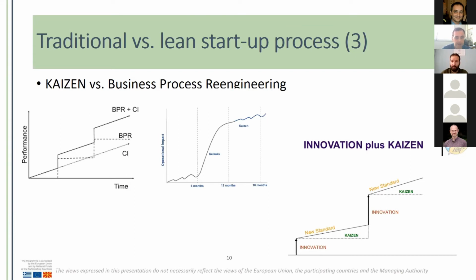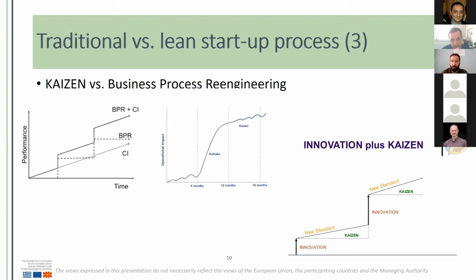In business process reengineering, you have an idea, you build your product, and over time it grows in performance. And at some point, you need to do a BPR to re-engineer the process in order to continue growing. Otherwise, you will stagnate and start falling down. In the Kaizen philosophy, it's faster with smaller steps.